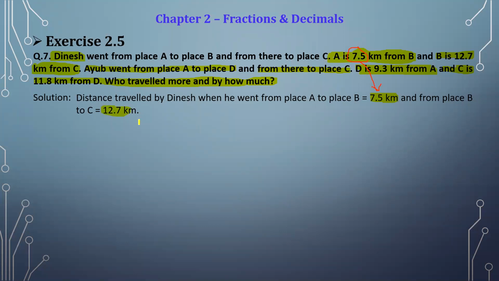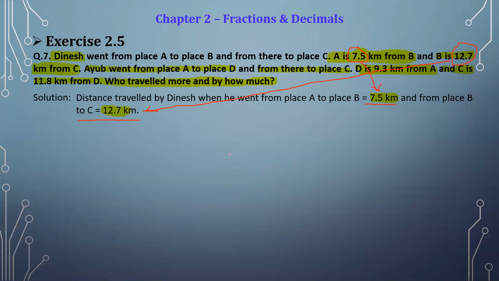This condition is also given in the example: the distance between B and C is 12.7. So this value we are taking in our solution. These two distances were traveled by Dinesh: first A to B, which is 7.5 kilometer, and then B to C, which is 12.7 kilometer.